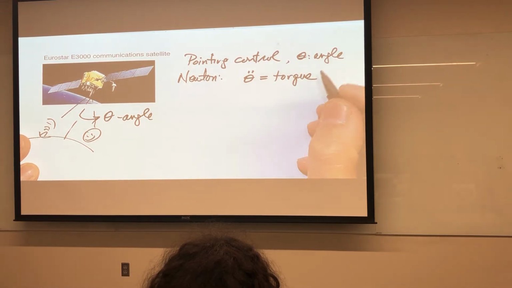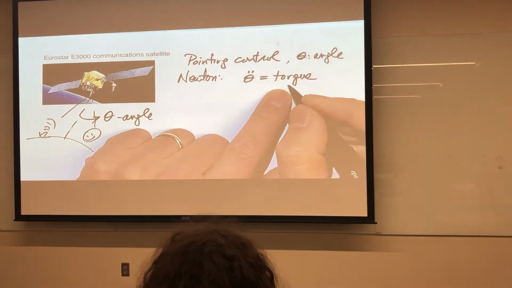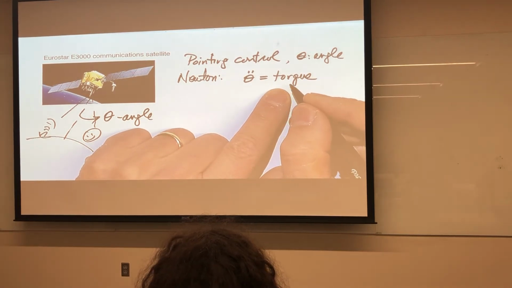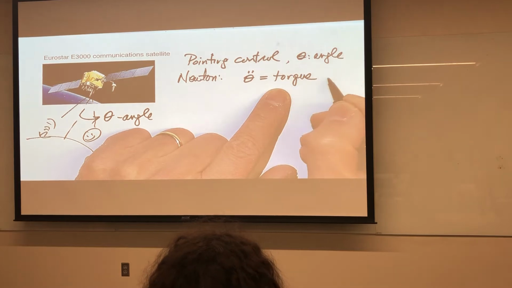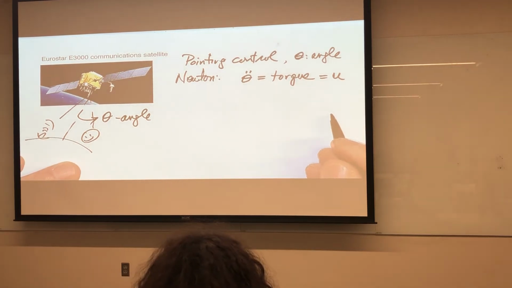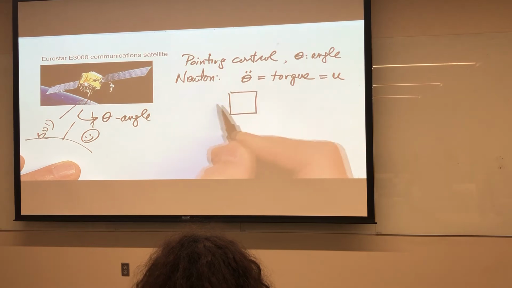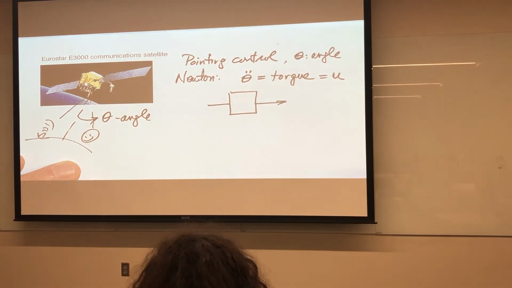Let me give the torque a name. I'm trying to think of a letter that's not already used in some other thing. Let's just call it U. U is the input. If we take a look at the transfer function, we can think of it as something that goes in a block diagram. This is going all the way back to the beginning of the semester.